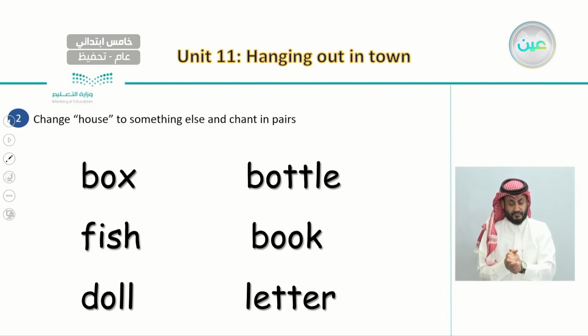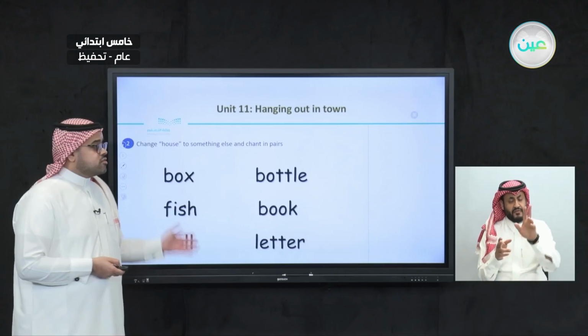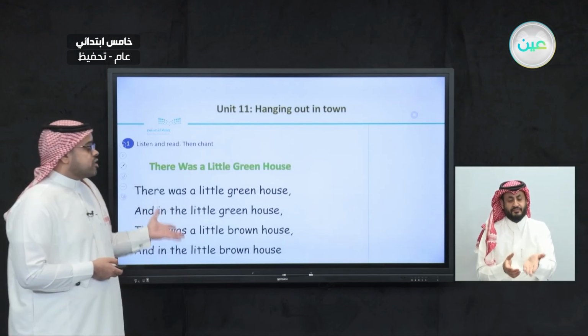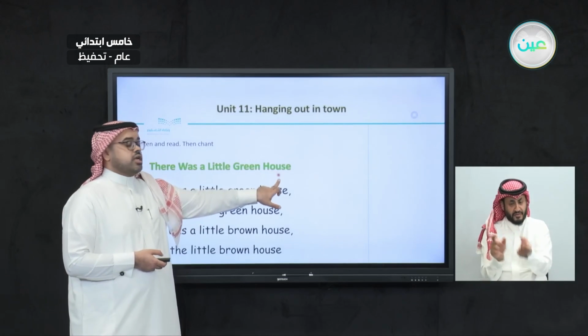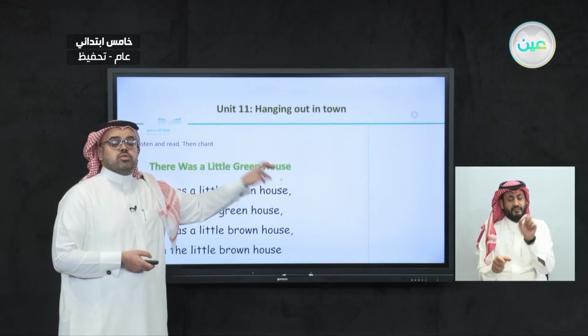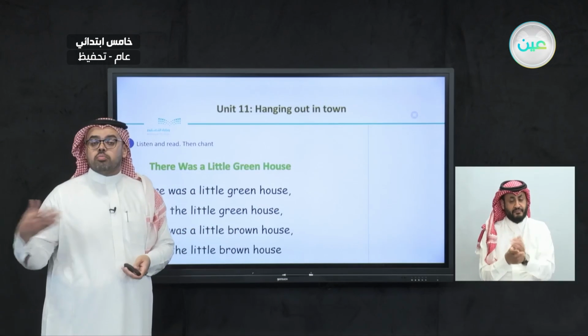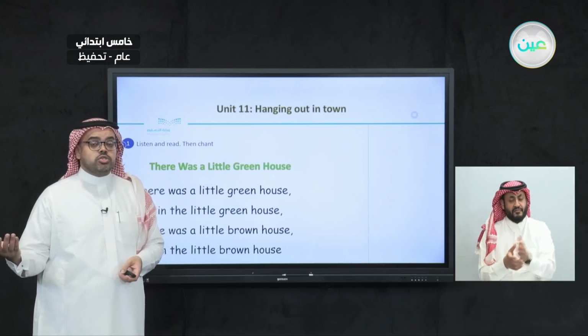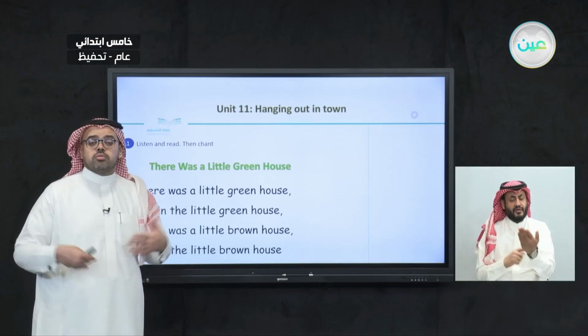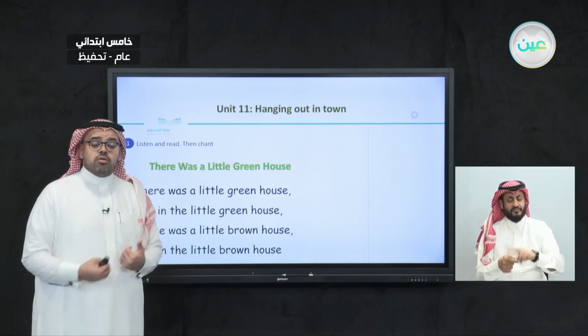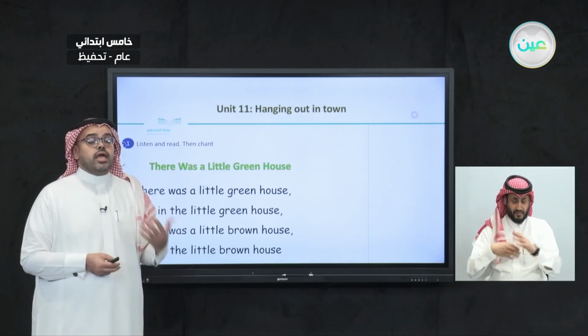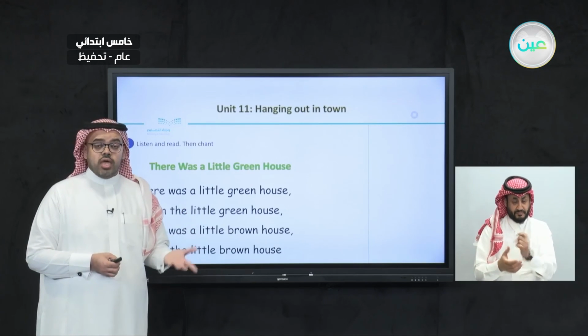So this is how we can chant this chant again, and instead of using house, we can use a box, a book, a bottle, a fish, or a letter, just to make it more interesting, and also to help us in writing a new chant.